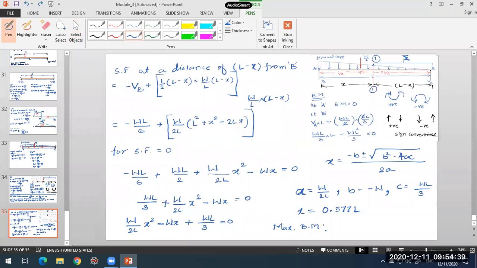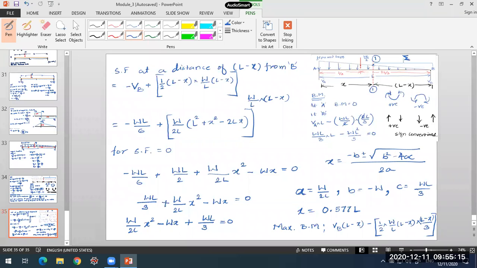So maximum bending moment here will be VB into L minus X. Okay, so this is plus minus, this will be the area of that triangle, which is half into W by L into L minus X. Okay, and the distance will be L minus X by 3 from our section.